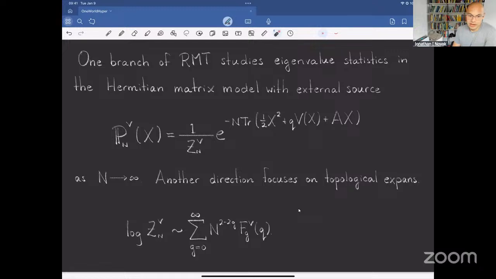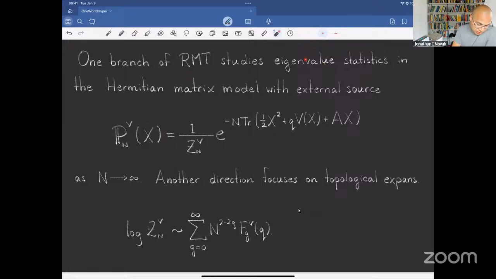That's one main objective of analyzing the Hermitian one matrix model. And another major direction of research focuses on what is the asymptotic behavior of the free energy in this model, in other words, the asymptotic behavior of the logarithm of the partition function. And there's a huge amount of work that has gone on in both directions here.